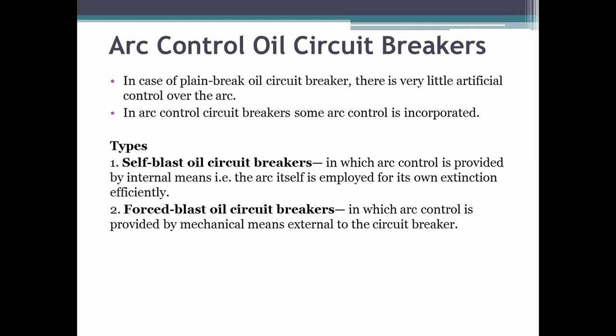And in the force blast oil circuit breaker, the blast is provided by mechanical means external to the circuit breaker. We can control the arc by using another arc quenching material.